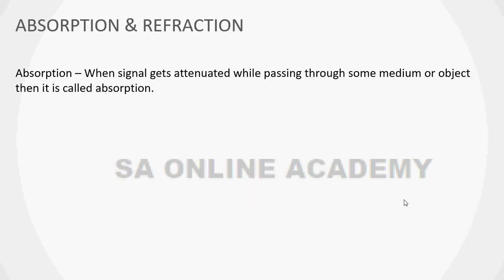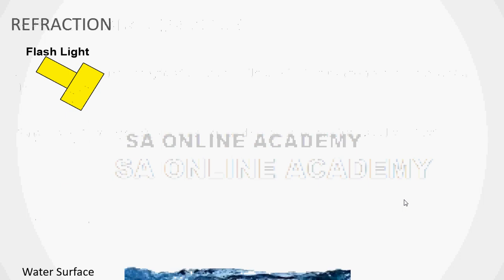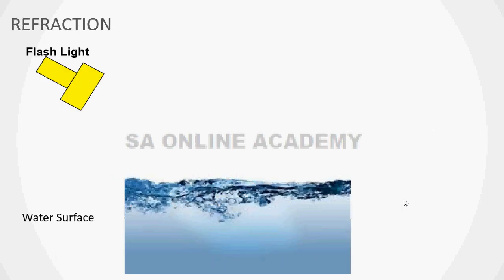Next, we will look into refraction. So bending of a signal when it passes through some medium is called refraction. If you see the following example, there is a light coming and it hits the water surface.